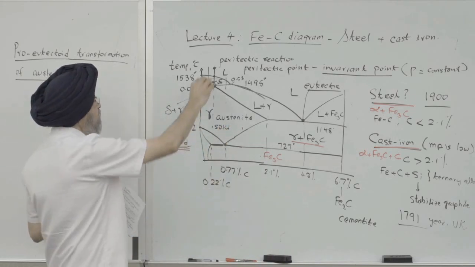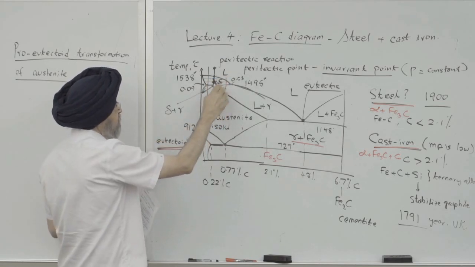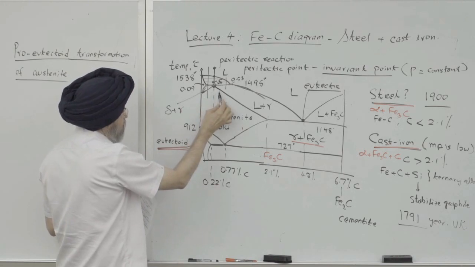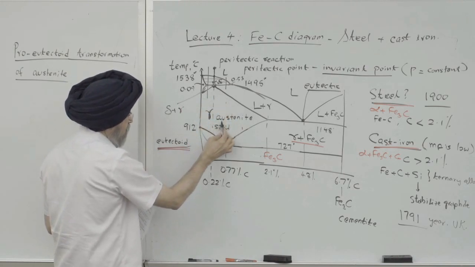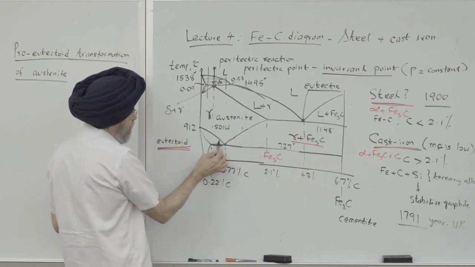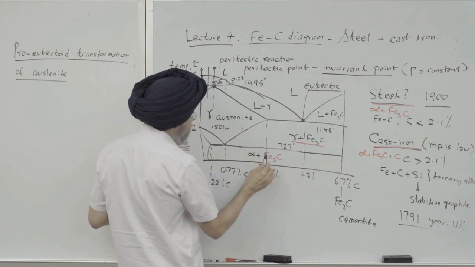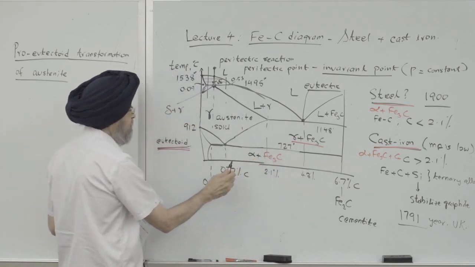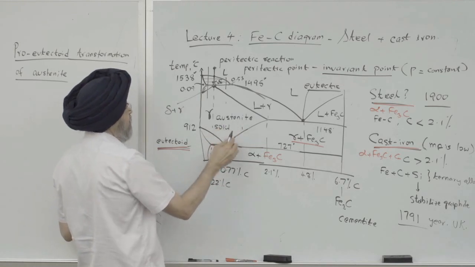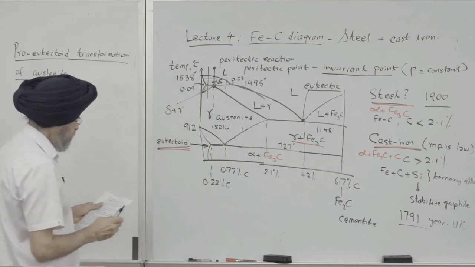We're cooling down from the molten state, and when you get down to this temperature, we're in the austenite region, austenite phase all throughout. At this point, we start transforming the austenite, and we'll end up with alpha plus cementite. So above this point is pro-eutectoid, because this is the eutectoid reaction, right?